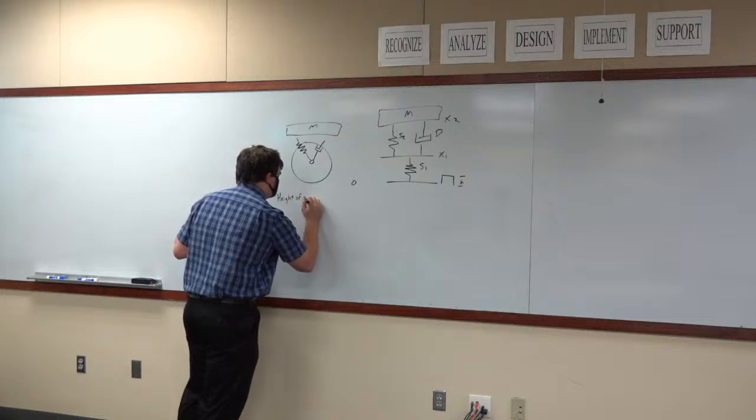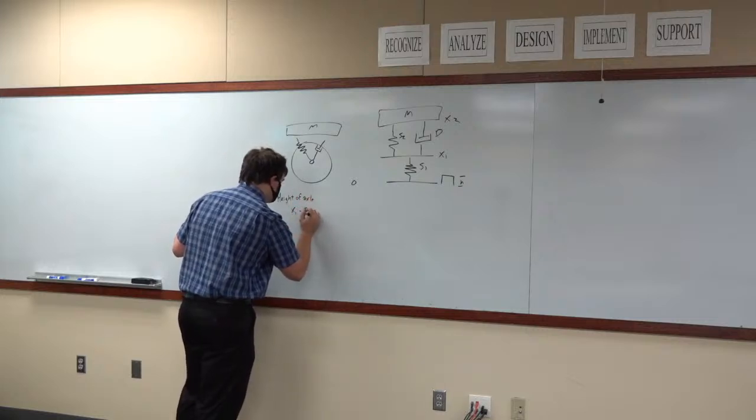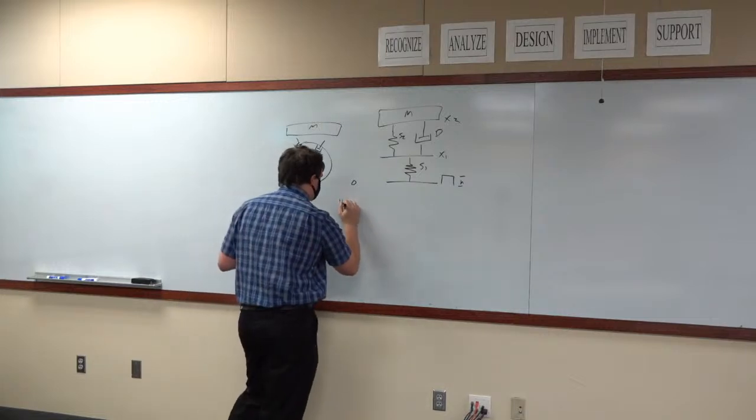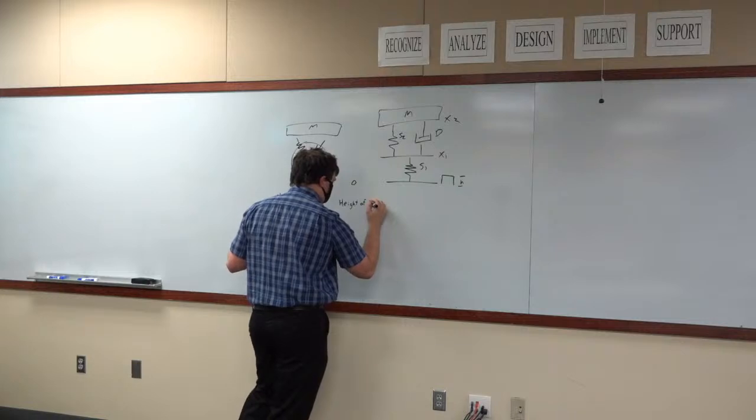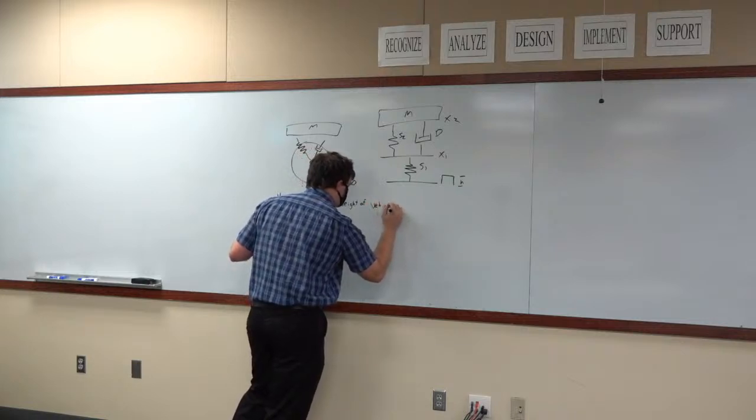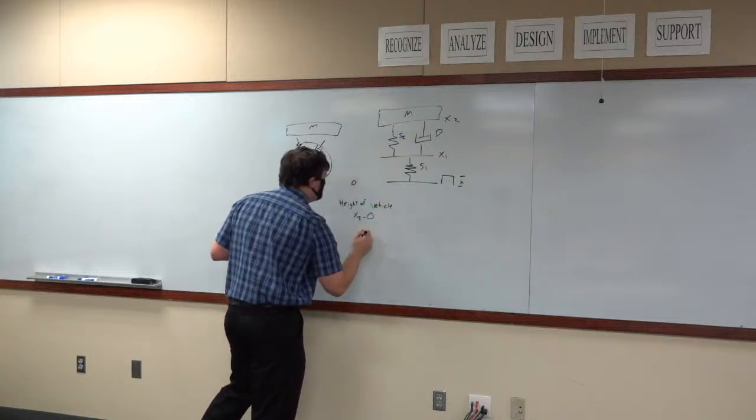Height of axle was X1 minus 0. Height of vehicle was X2 minus 0.